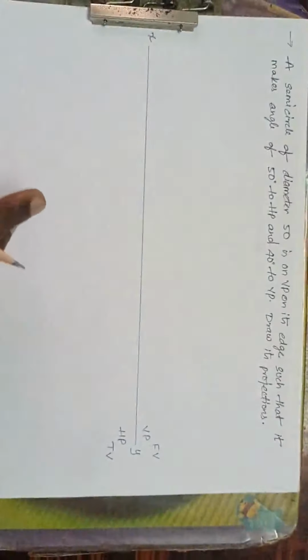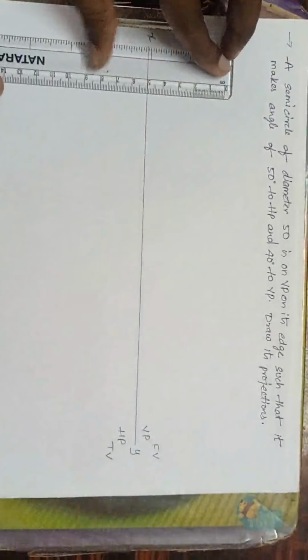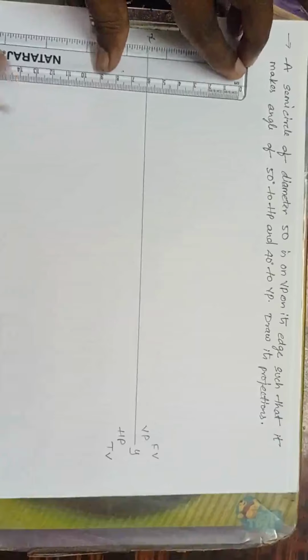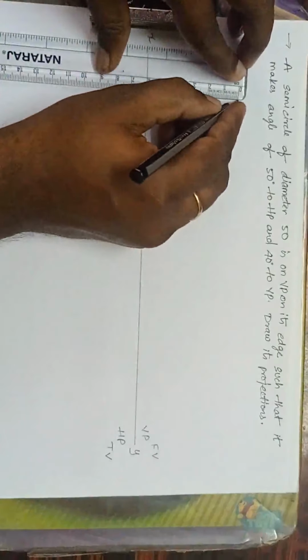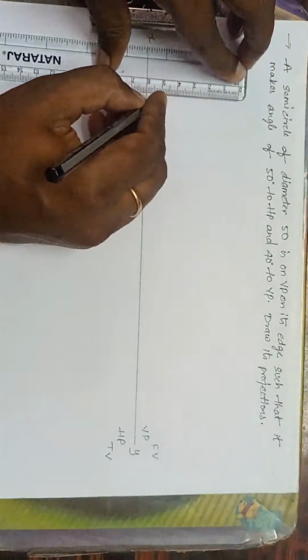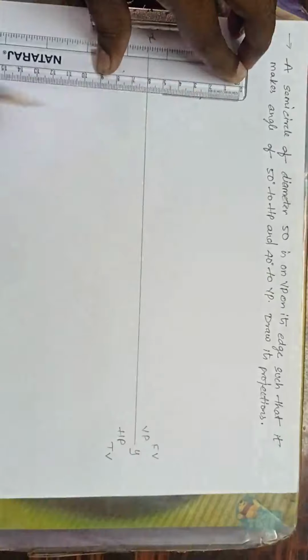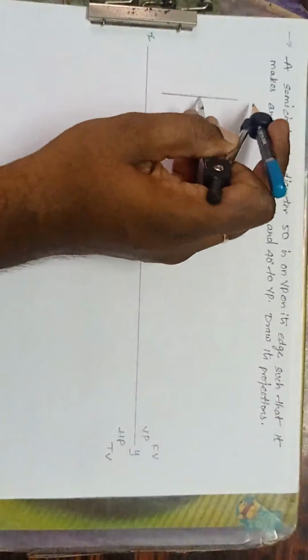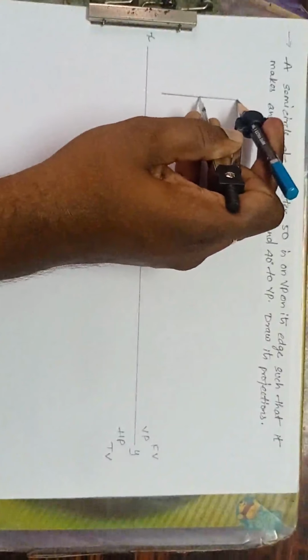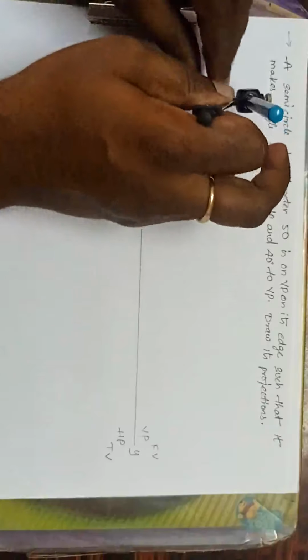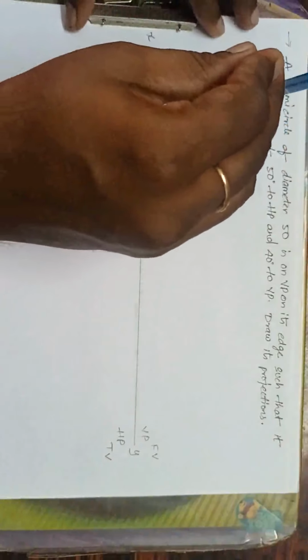Done. First I will draw the perpendicular line, which is 50 as he said. I'll draw the perpendicular line 50 mm and mark the center, which is 25. Now draw the semicircle. I have to take the radius, how much? Diameter 50, so radius 25. I'll draw like this. So this is the semicircle.